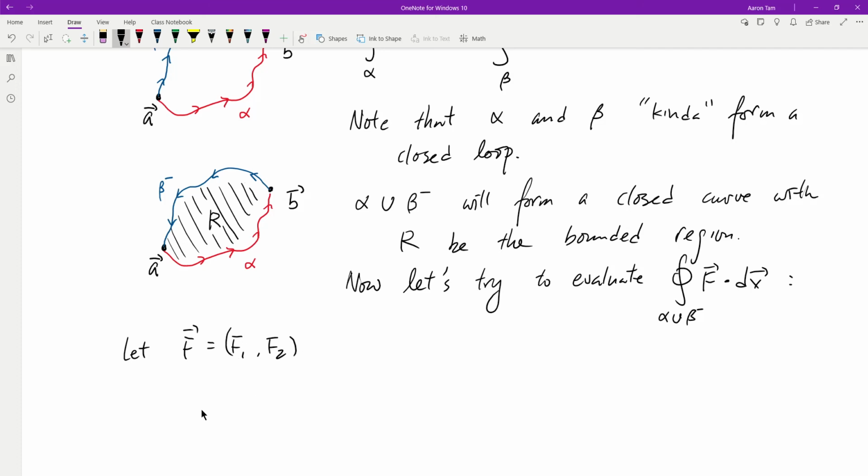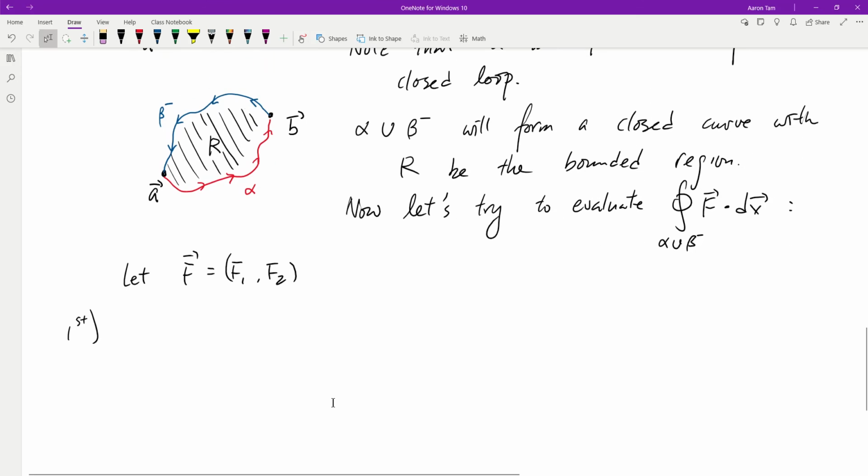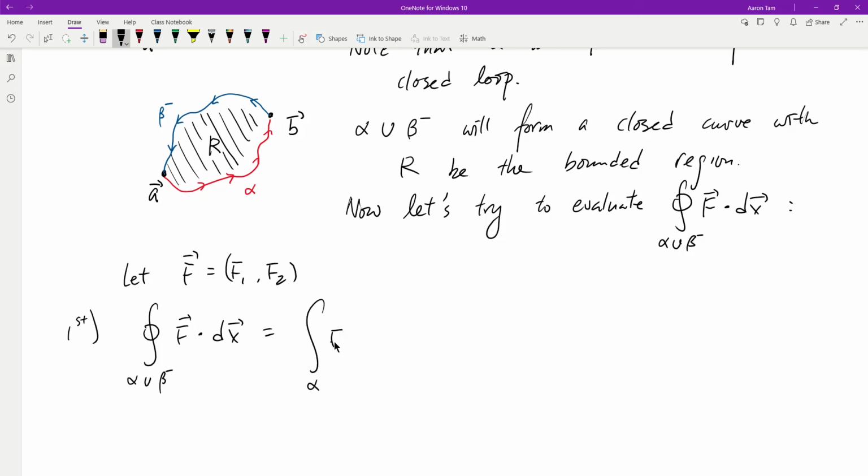The first way is to evaluate the line integral by separating into two curves. So I'm going to evaluate the closed curve integral of alpha union beta negative, F dot d vector x. I can separate it into two separate line integrals: one over alpha, one over beta negative.